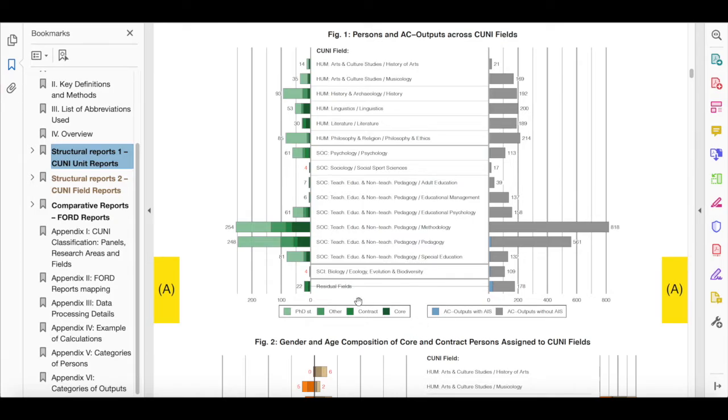Red numbers signal that the count is less than 10 and therefore is rather small for reliable statistical inference. All colors used in this figure: green, for personnel, blue, for outputs with a qualitative structure, and gray, for outputs without a qualitative structure, are used to depict similar indicators consistently throughout the entire document.